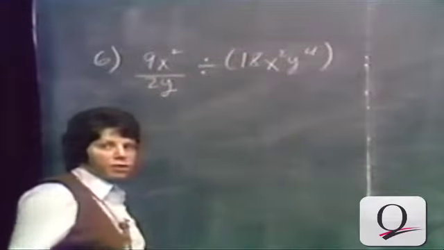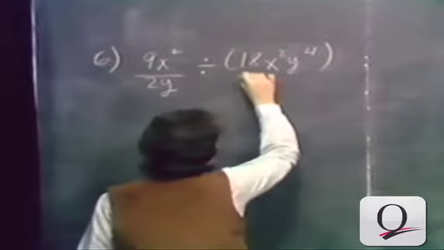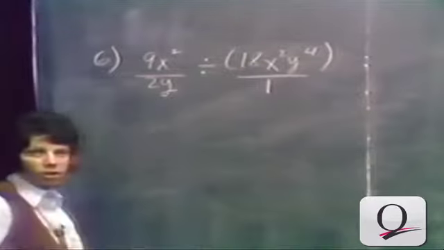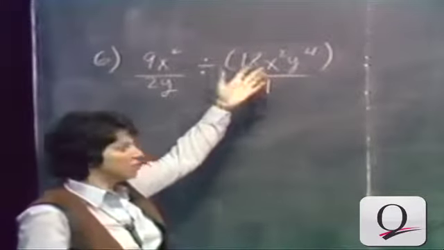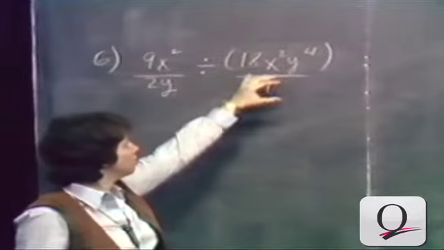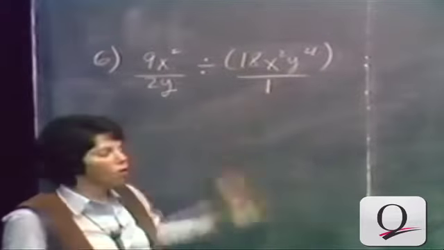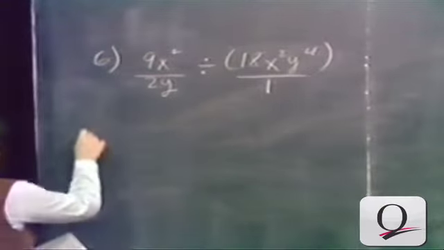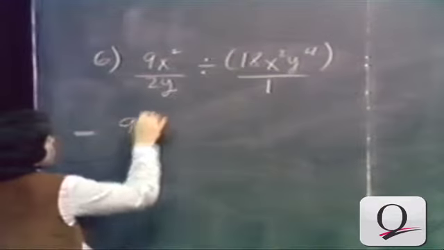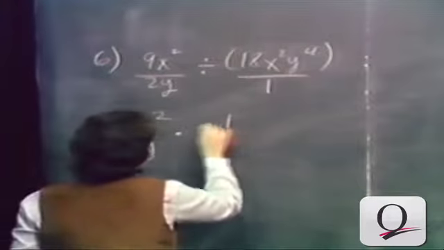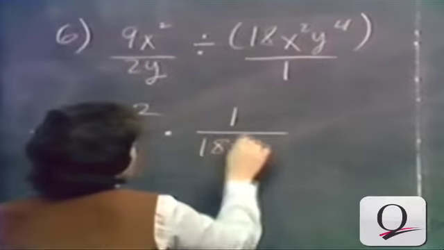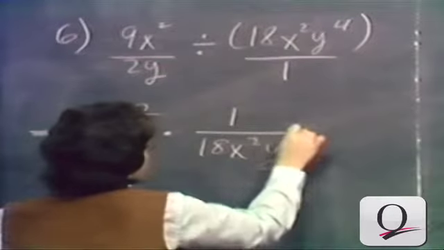Dividing by this really means dividing by this over 1. If you just see a number like 5, it's 5 over 1. This is 18x squared y to the 4th over 1. And then it makes it obvious that what we need is to invert and multiply. When you invert and multiply, you get 1 over 18x squared y to the 4th.